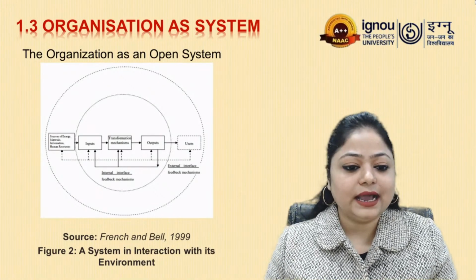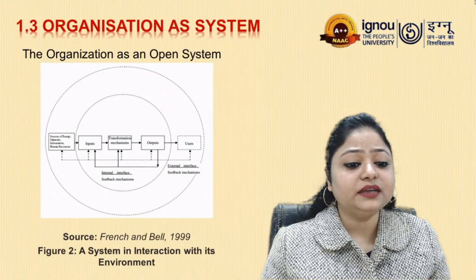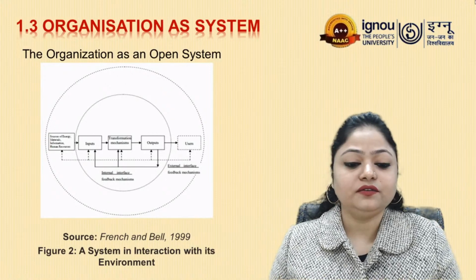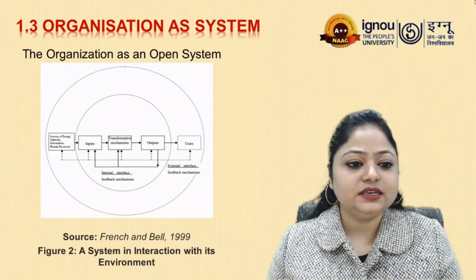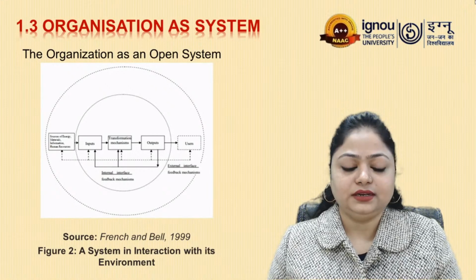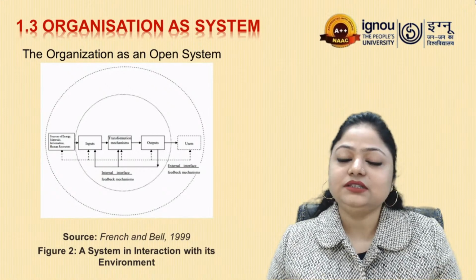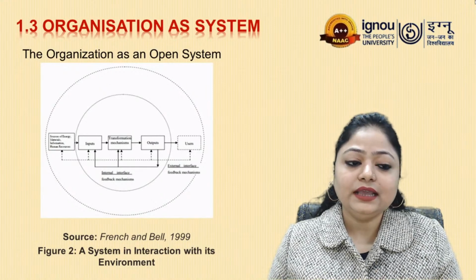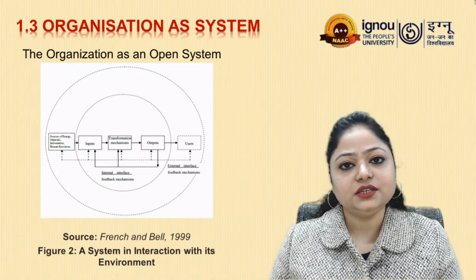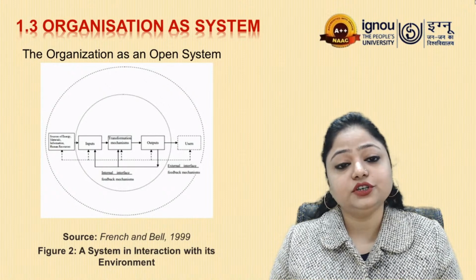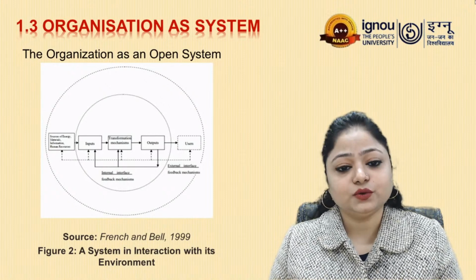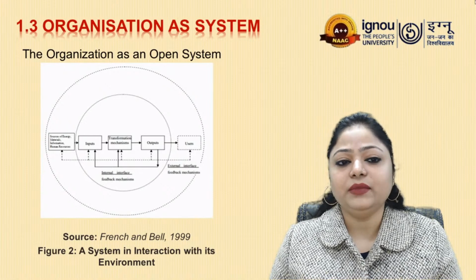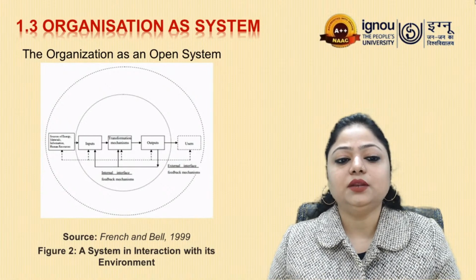Like here in the diagram given by French and Bell in 1999, we see that there are two layers to understand the open system. First, in the outer layer, we have sources of energy, resources, material, information, human relations, and human resources. So everything is coming from outside the internal business environment.